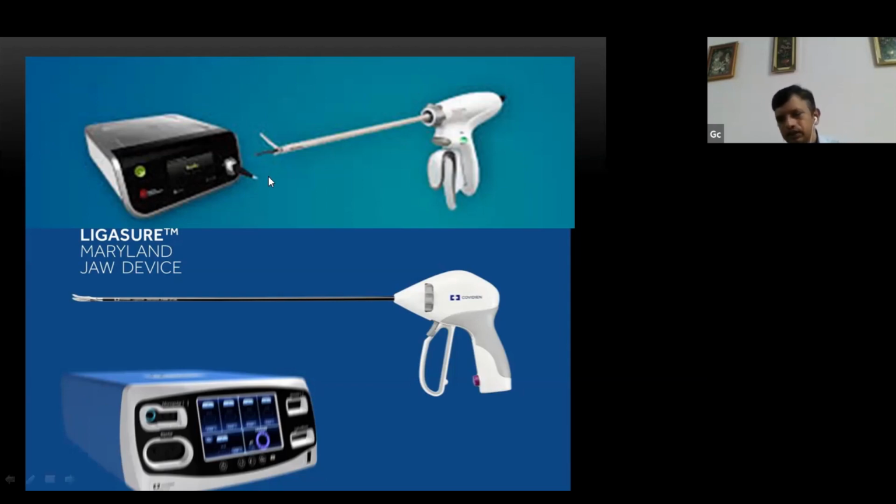Now the 7 mm jaw is the advanced one and the 5 mm was the initial one from Johnson & Johnson. What is important is that if you are a beginner with the 5 mm, you use only 2 or 3 mm. So you catch the tissue with 2 mm and cut it, 2 mm, cut it, 2 mm, cut it, like that. Not using the whole 5 mm.